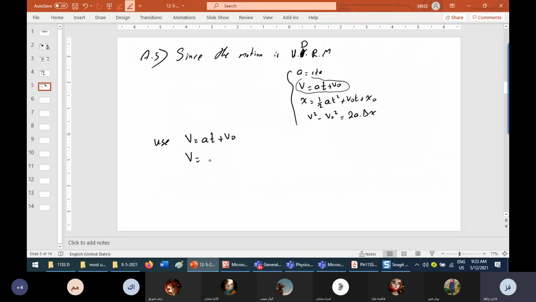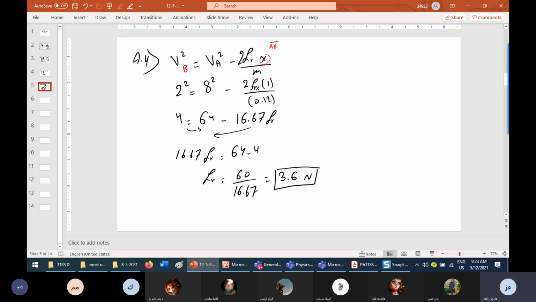V will be A, which was minus friction divided by mass, multiplied by time, plus V0. I will arrange friction over M times T equals V0 minus V. Then T would be multiplied by M and divided by friction into V0 minus V. Let us substitute. The mass is 0.12. The friction was just calculated to be 3.6.